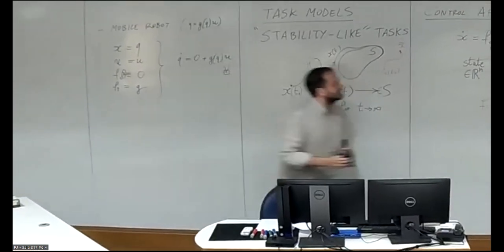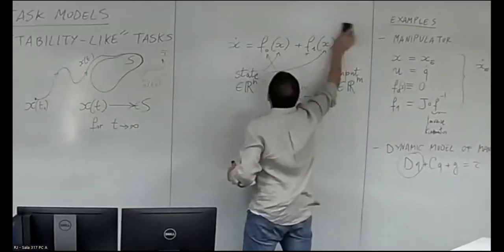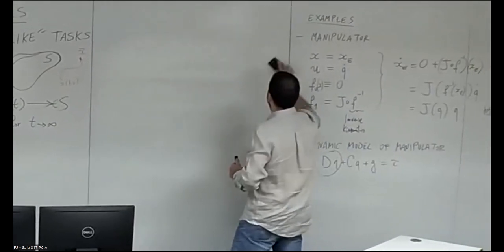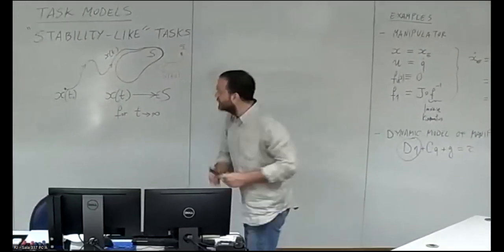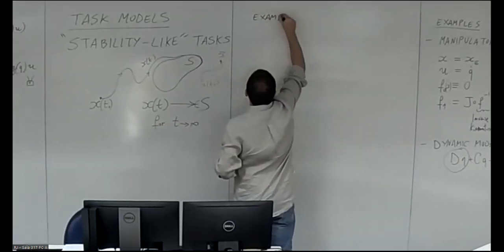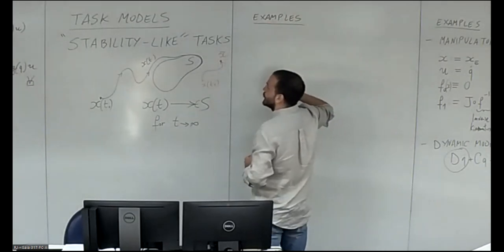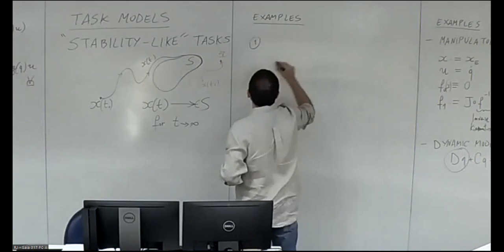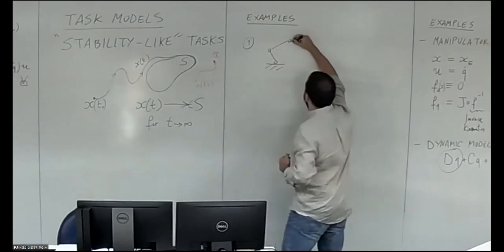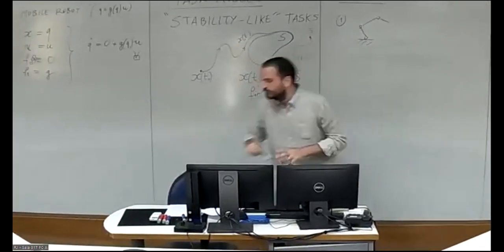Let's get rid of this. I think I can also get rid of this guy. We'll remember it in a moment. Examples of these tasks. So one would be our manipulator that wants to reach a desired pose.